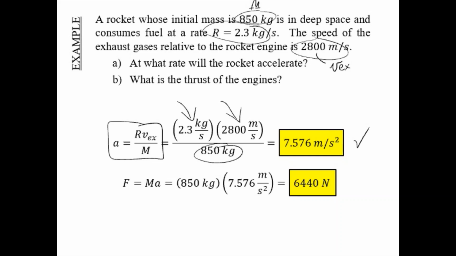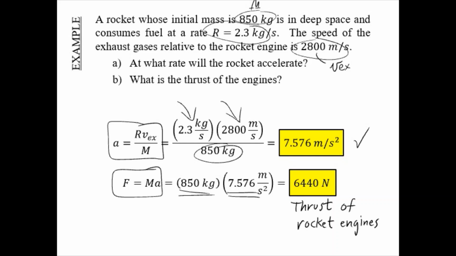To get the thrust of the rocket engines, we use F equals ma: the mass times the acceleration gives 6,440 newtons, which is the thrust of the rocket engines. That's how hard they are pushing the rocket forward.